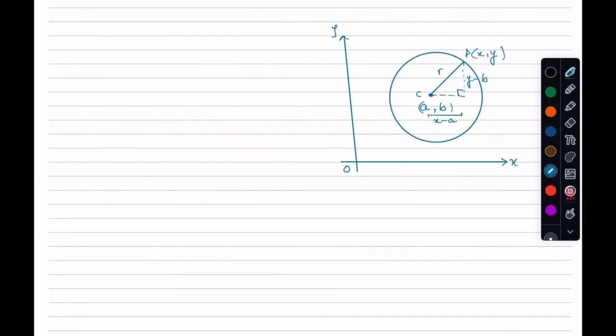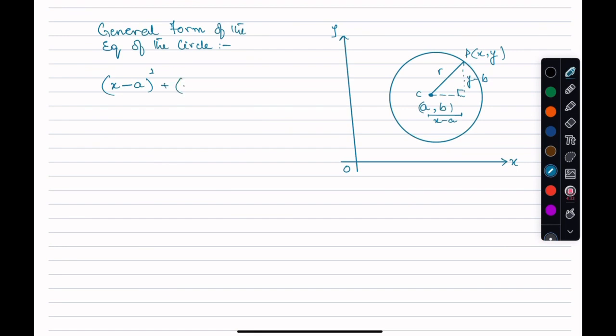So if that is the case, then the general form of the equation of the circle will be base the whole square, which in this case is x minus a the whole square, plus perpendicular, which is y minus b the whole square, and this then will be equal to the hypotenuse, which for my case is equal to the radius.